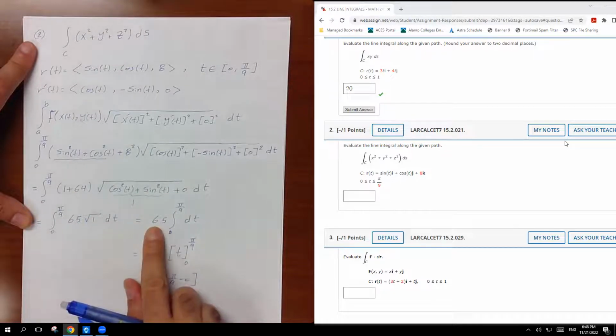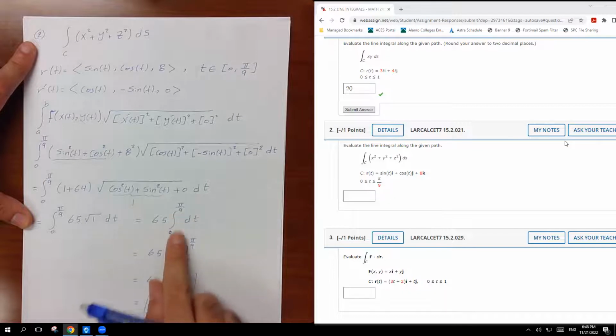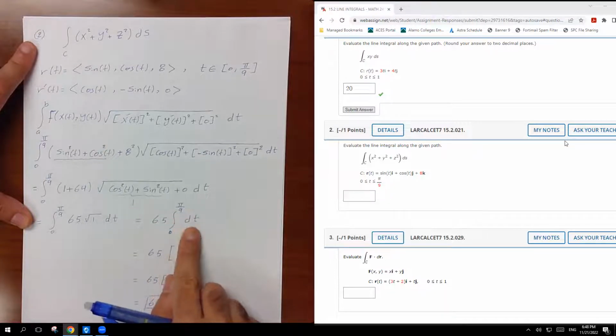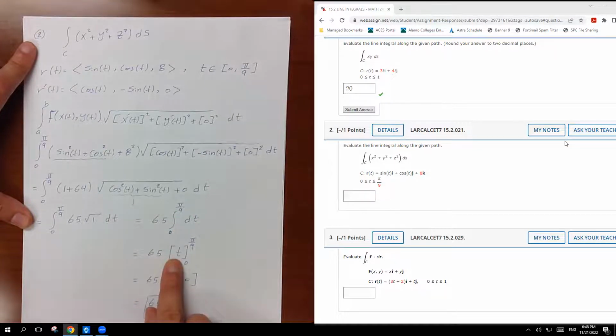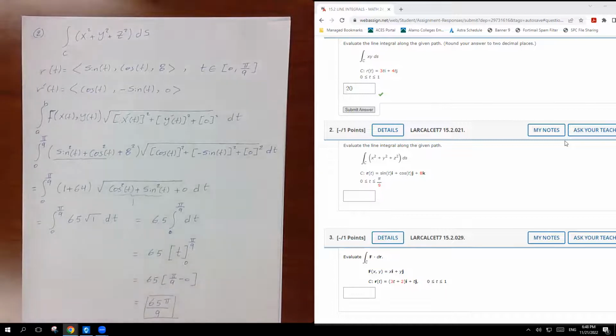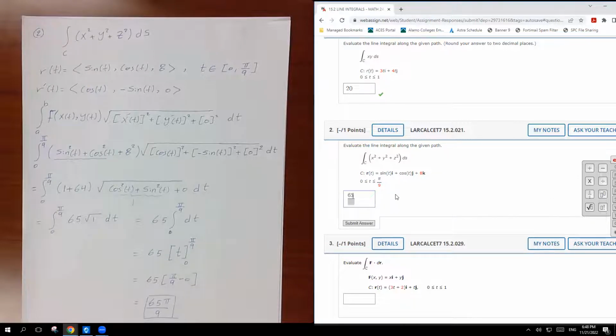That's going to be 65 from 0 to pi over 9 dt. That means 65t from 0 to pi over 9, and then it's going to be 65 times pi over 9. So we're just going to type here 65 pi over 9. That's it for this example.